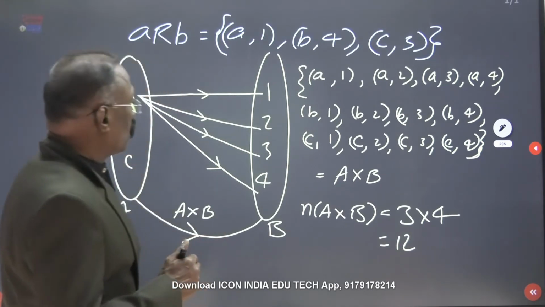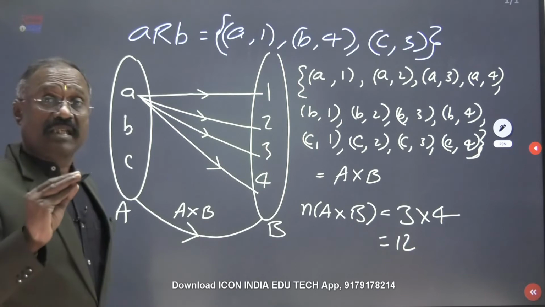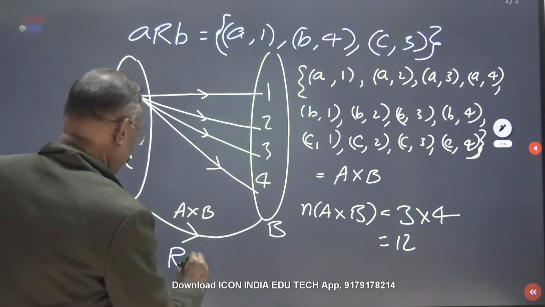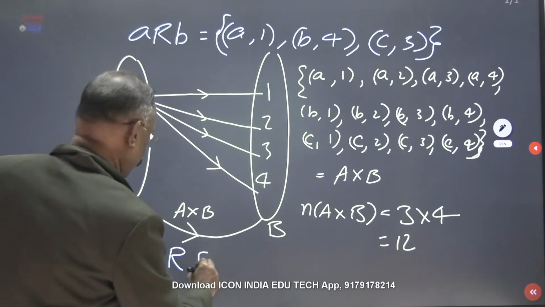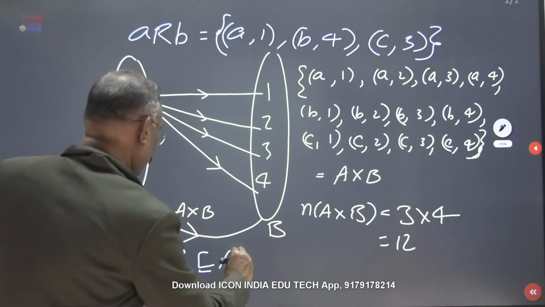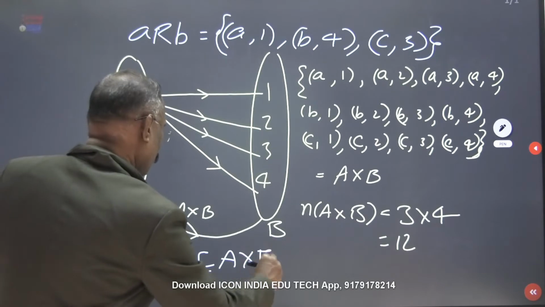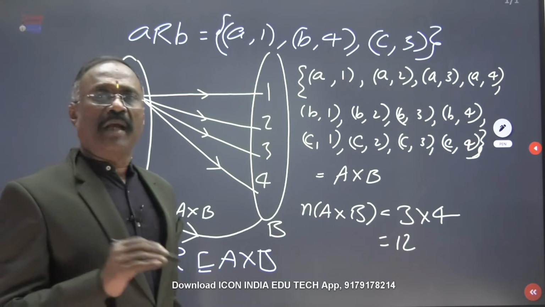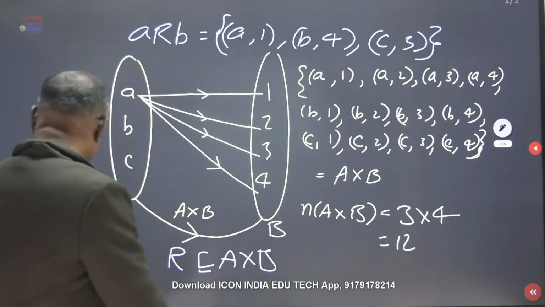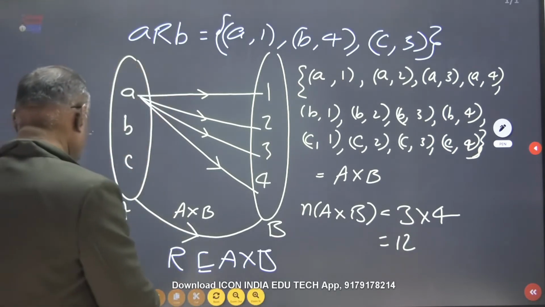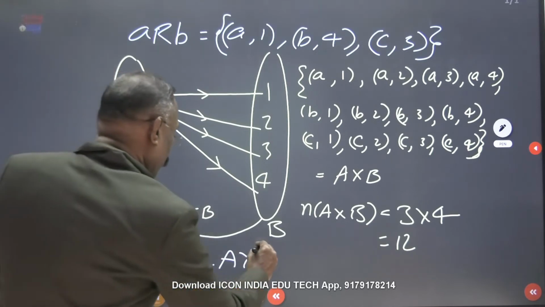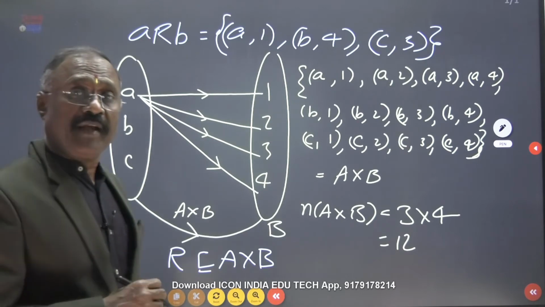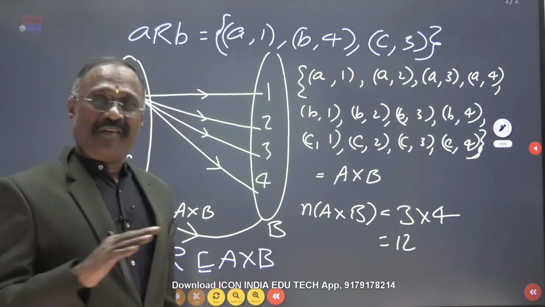So, what is the broad understanding about the relation? Relation is a subset of A cross B. So, A cross B contains all types of relations, and if you take any subset of A cross B, that becomes the relation.